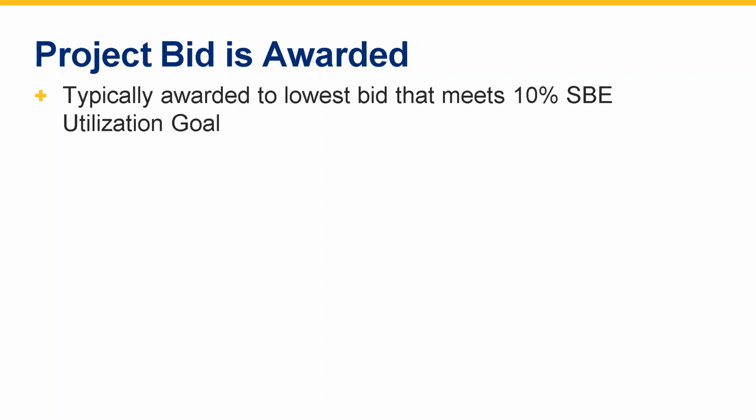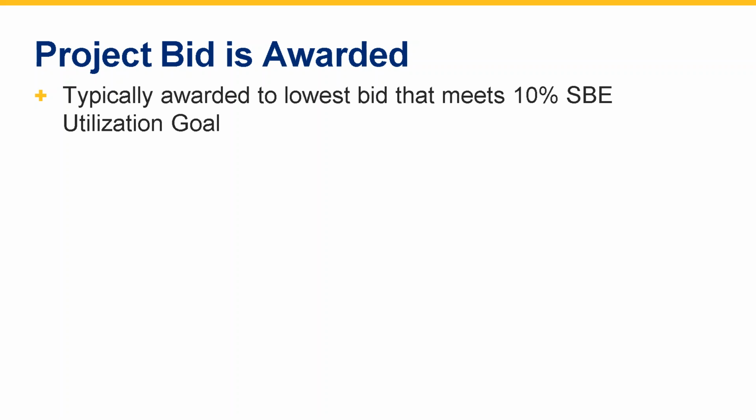So our 10% SBE utilization goal is aspirational, and we realize that it is maybe not available in all categories, and we have the ability to just evaluate the good faith efforts. So those solicitation forms that we talked about just earlier are very, very key in the evaluation of the 10% goal.